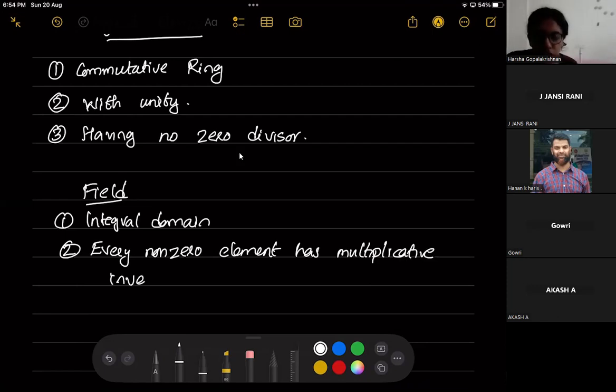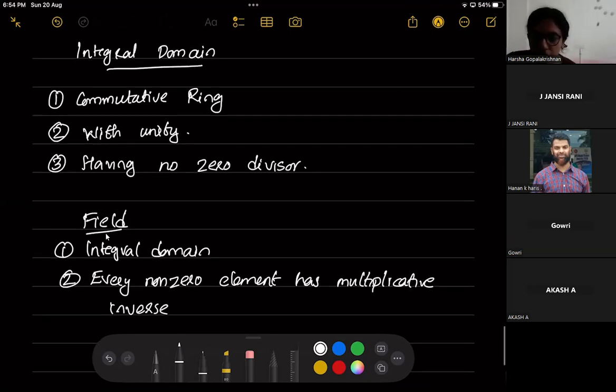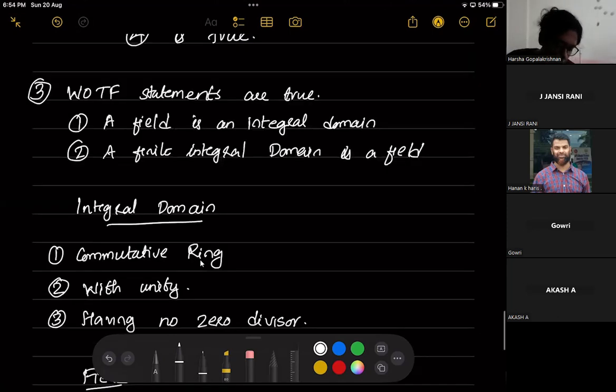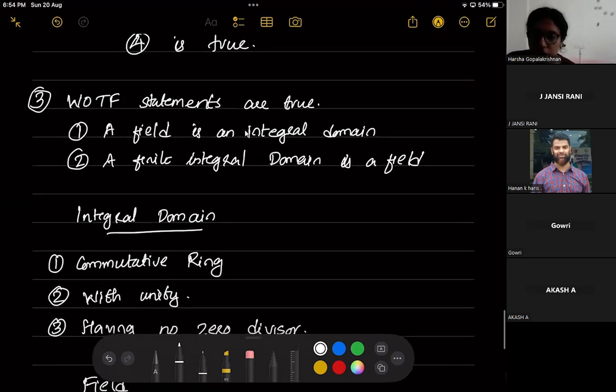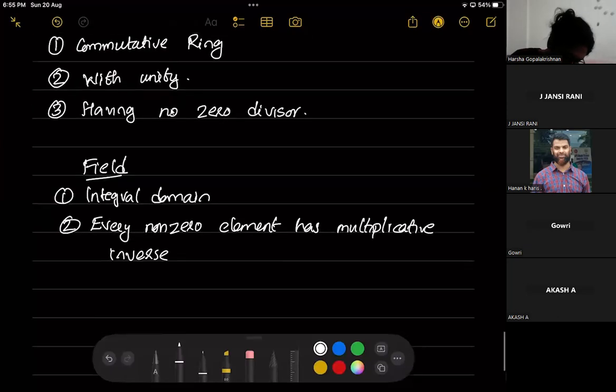So from these two definitions, a field should be an integral domain and then some extra condition is there. Now, can you say first one is true or not? First one is true, ma'am. First one is true because in the definition itself, we are taking field as an integral domain plus the inverse property. So the first statement is true.